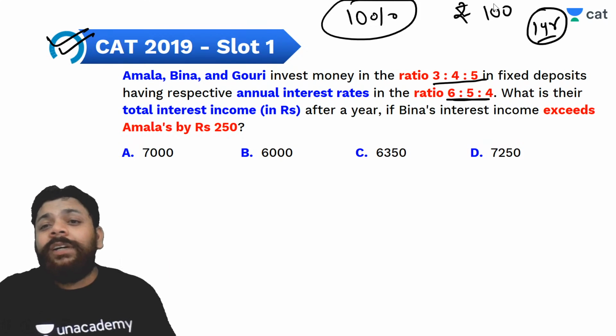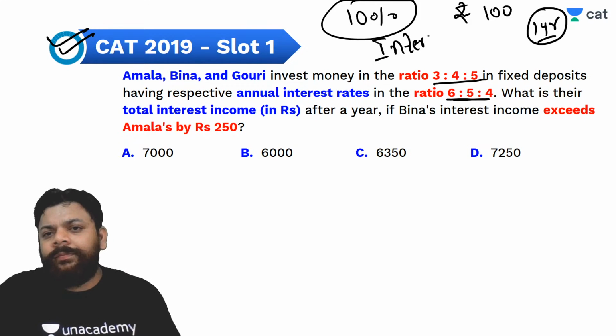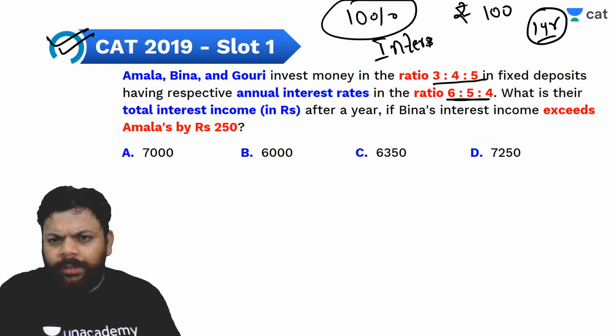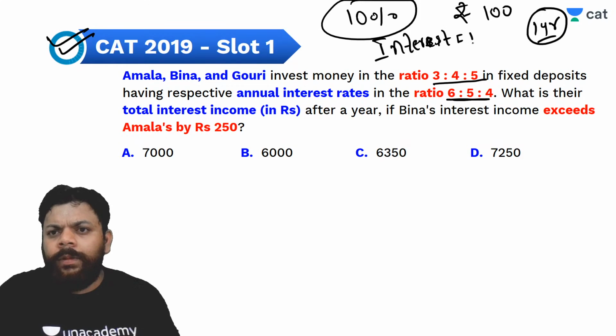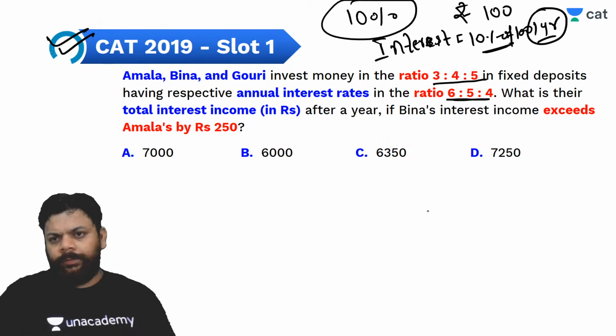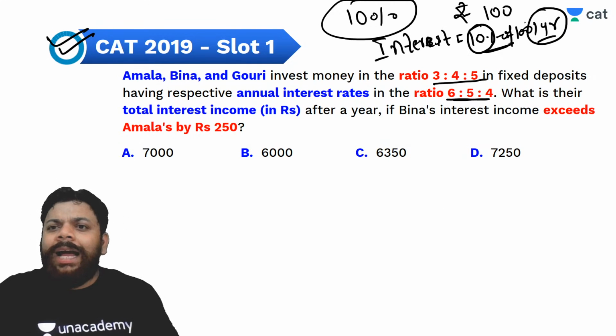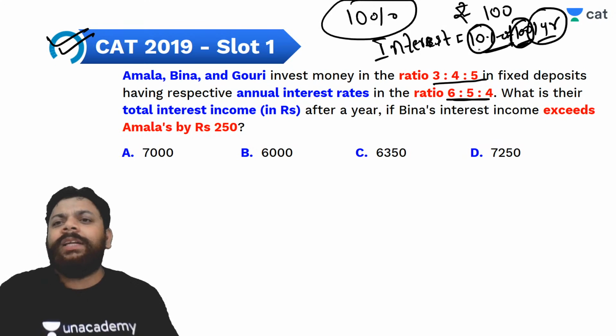So after 1 year, can I say that my interest will be 10% of 100? That means this is nothing but rate of interest and this is nothing but my principal value.